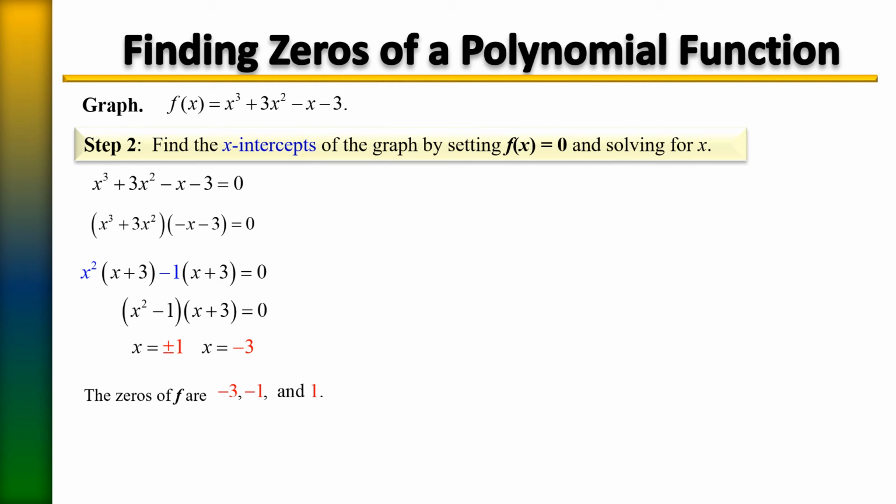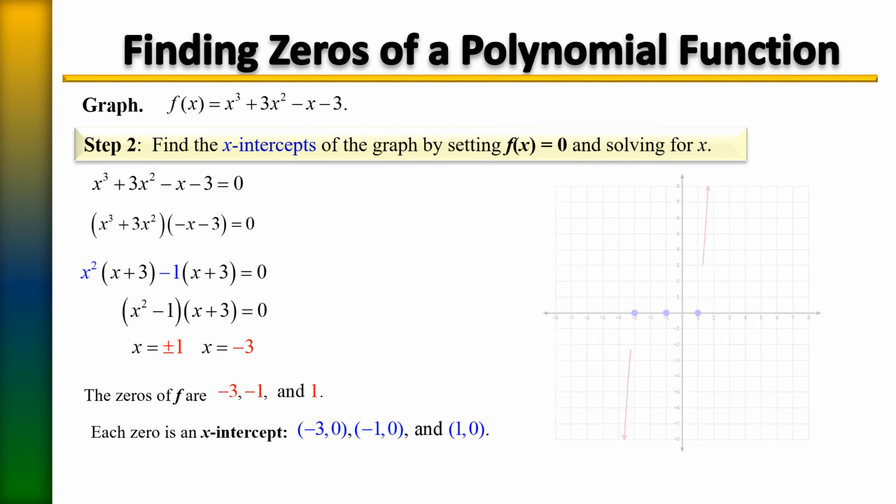In terms of your graph, again, because it touches the x-axis, you're going to have a 0 in y's place and the x-intercept itself in x's place. Let's go ahead and graph those 3 points on the rectangular coordinate system.